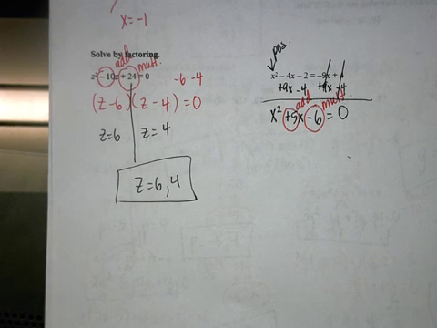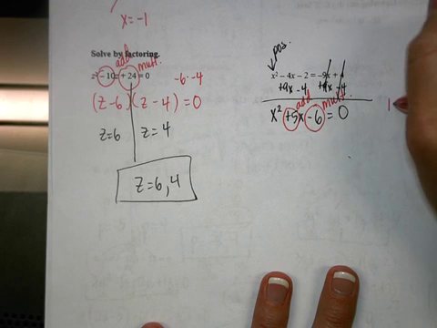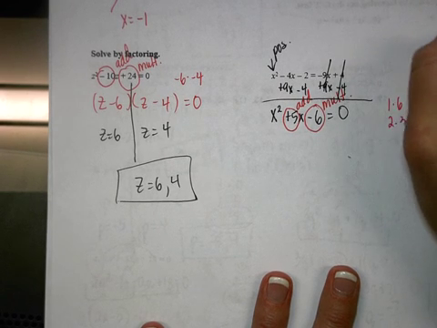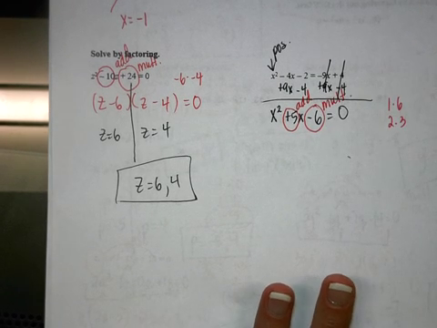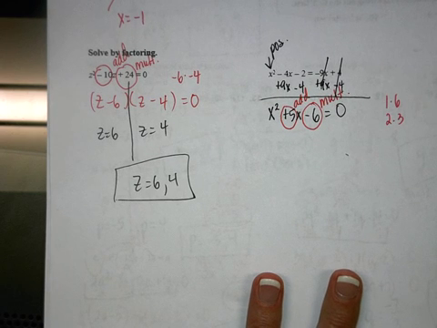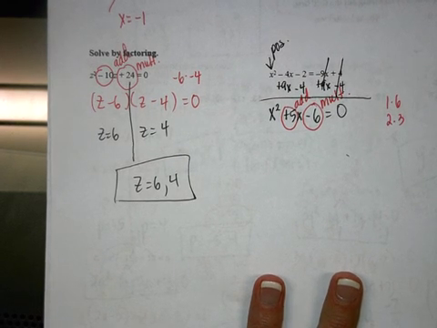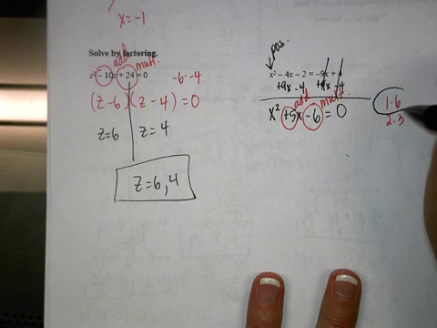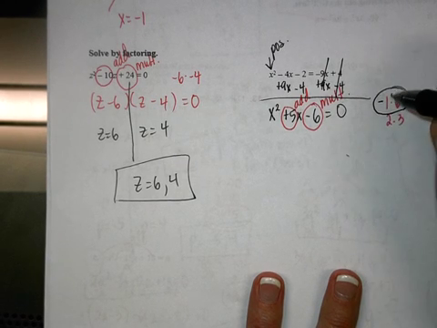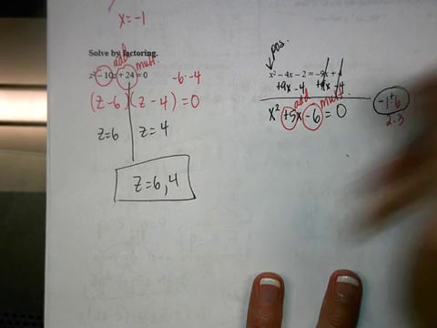So what numbers multiply to be 6? 1 and 6 and 2 and 3. Which one can I multiply and make it a -6 but add to be a positive 5? Very good. A -1 and a positive 6. Okay, and so I can use my shortcut on this.